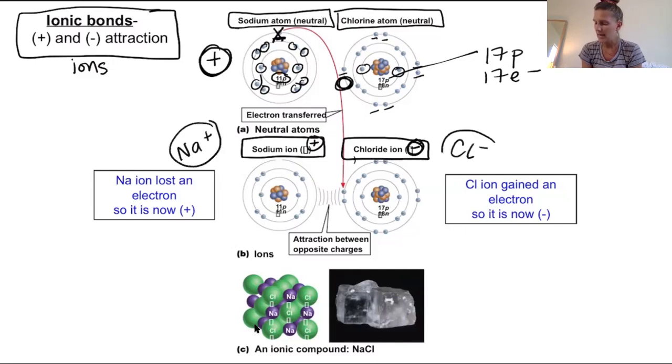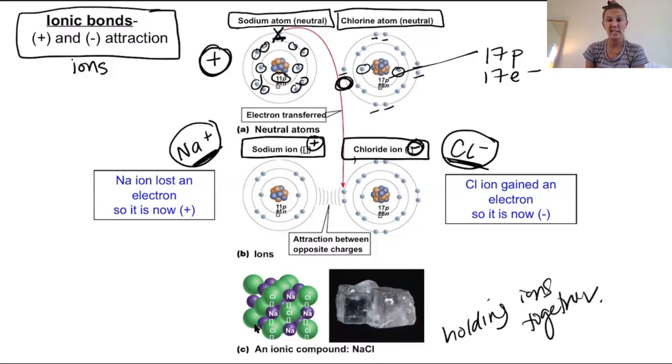Chlorine is now a negative ion, sometimes called chloride now. All right, so when we have a positive sodium and a negative chloride now, they will attract through an ionic bond that will hold them together, all right? So ionic bonds are going to be holding ions together, right?